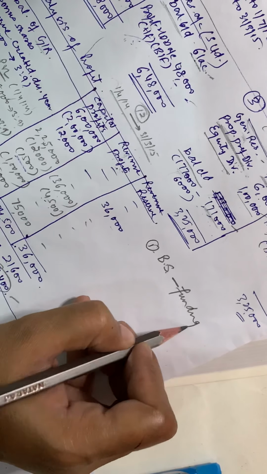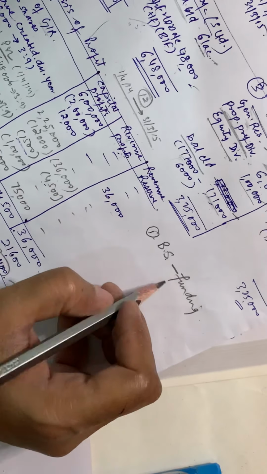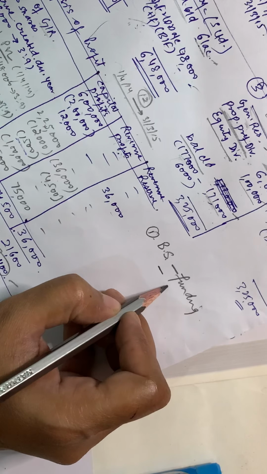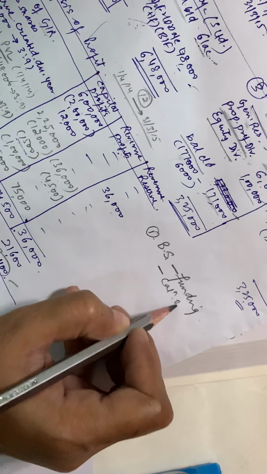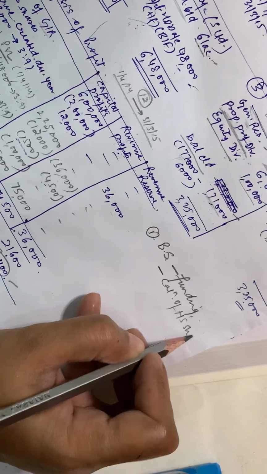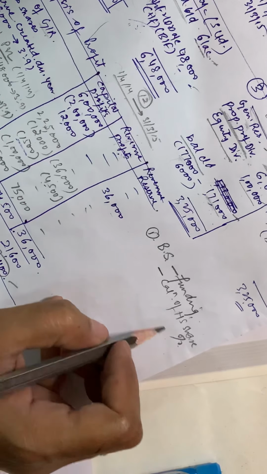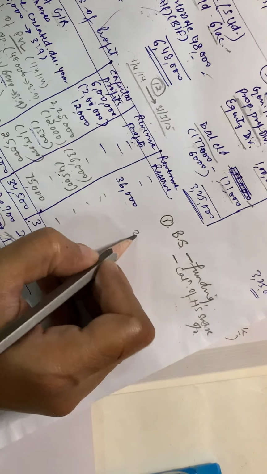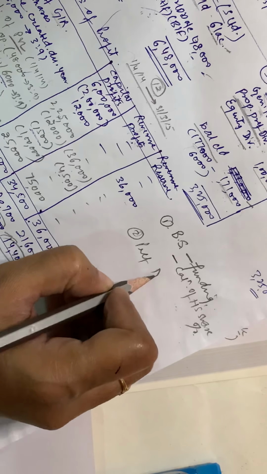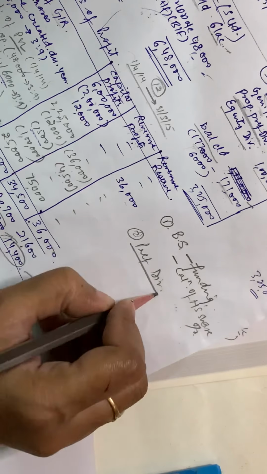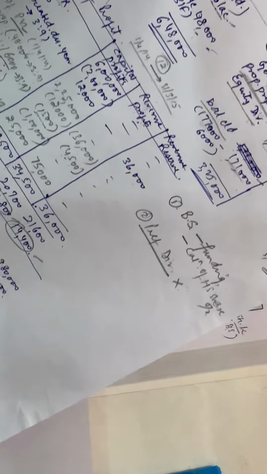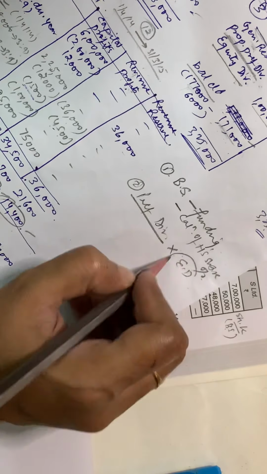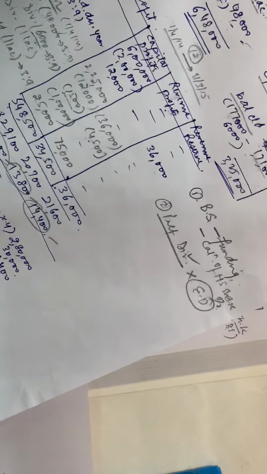Plus, in bonus shares, you have to be careful in calculation of your H's share percentage. When you calculate that, you have to be very careful. Then, secondly, we have seen about preference dividend. Preference dividend is not given to you in the question information. If equity dividend is involved, preference dividend automatically has to be taken care of.